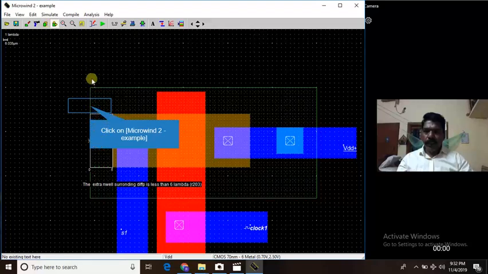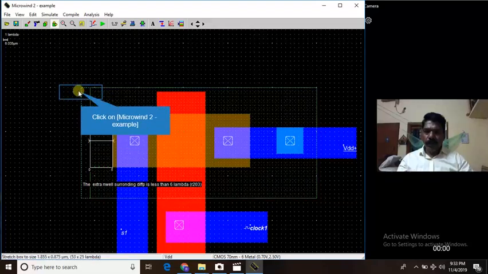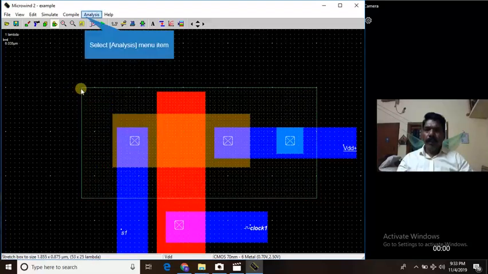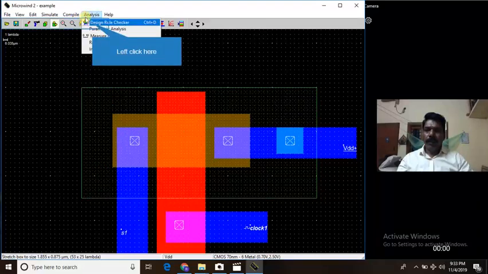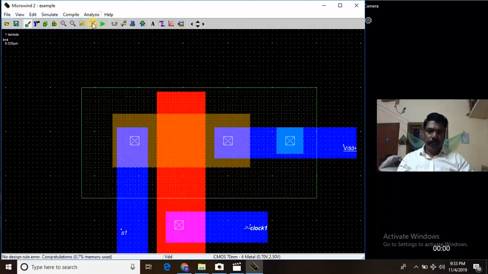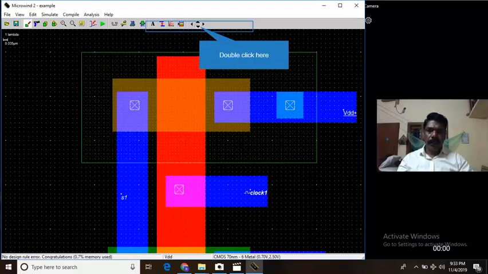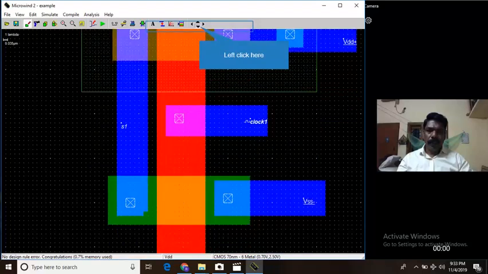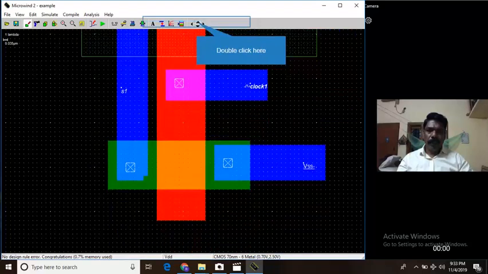So you select it and stretch it slightly further, and then you do the design rule check again. Now there is no design rule violation.